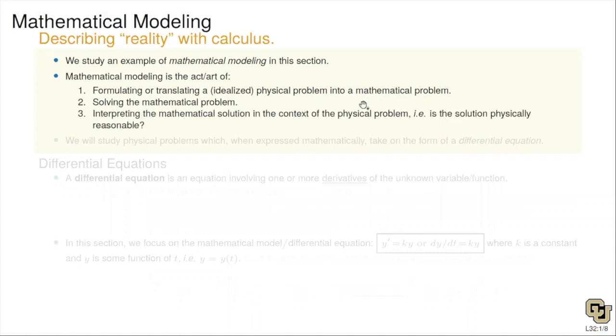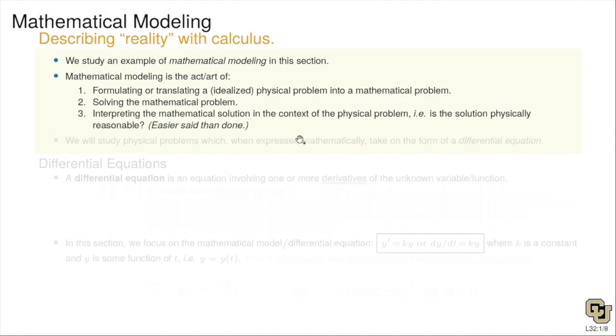Once we've solved it, we want to interpret the mathematical solution in terms of reality. So in step 1, we went from the real world to the math world. In step 2, we solved the problem in the math world. In step 3, we go from the math world back to the real world. I want to take my mathematical analysis and use it to make conclusions about reality.